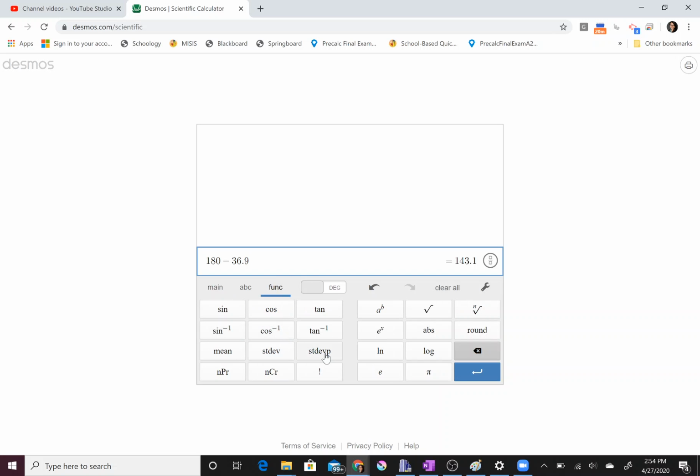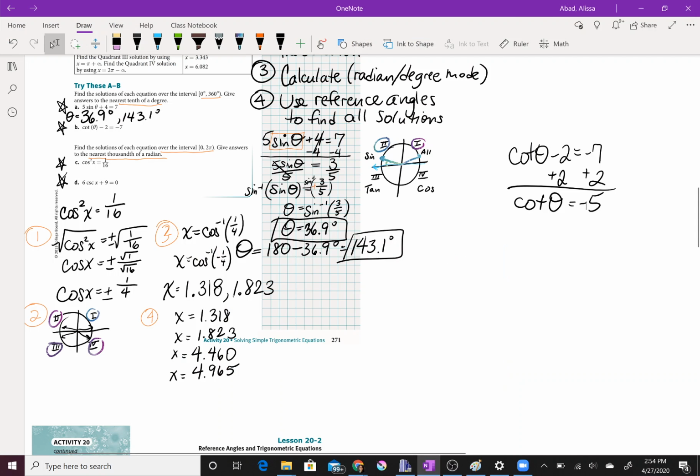And you won't find it on any scientific calculator, actually. So to work with that, we know that cotangent is the reciprocal of tangent. So in this case, to find out what it is with tangent theta, we're just going to take the reciprocal of that value. So the reciprocal of -5 is -1/5.